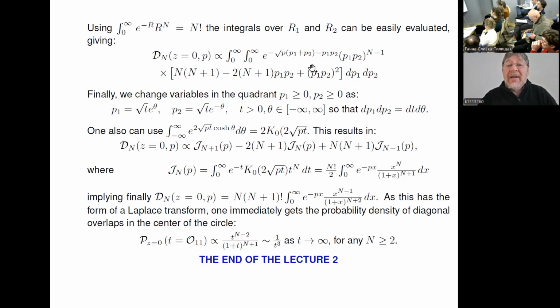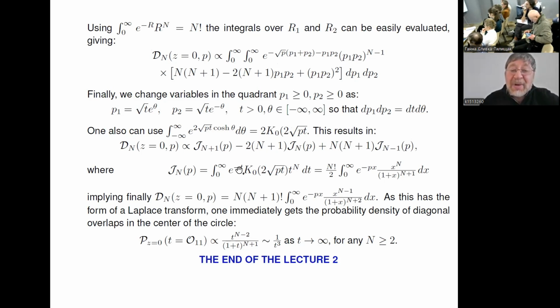But P1 plus P2 becomes a hyperbolic cosh. So an integral of this sort is just the so-called McDonald function. It's a very well-known function. And as a result, for finite n, one gets an expression for the object of interest as just a combination of these Bessel functions.